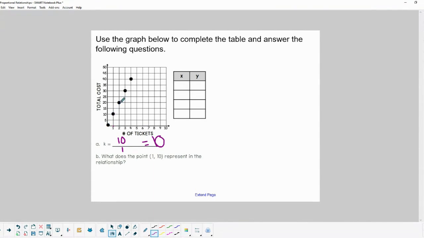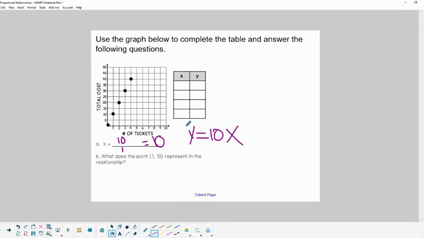It has a constant slope, so I don't need to do any of these other divisions because I can already see that it goes up at that rate. So my equation will look like this. Y equals 10x.